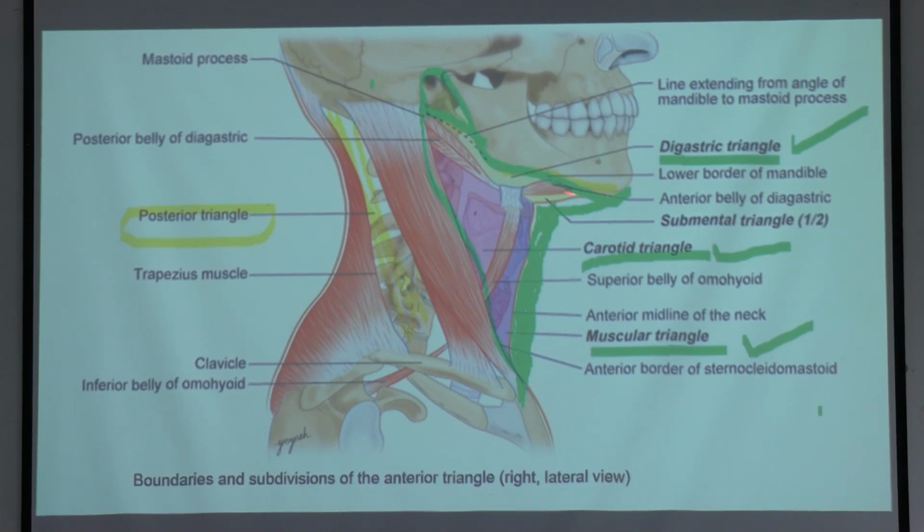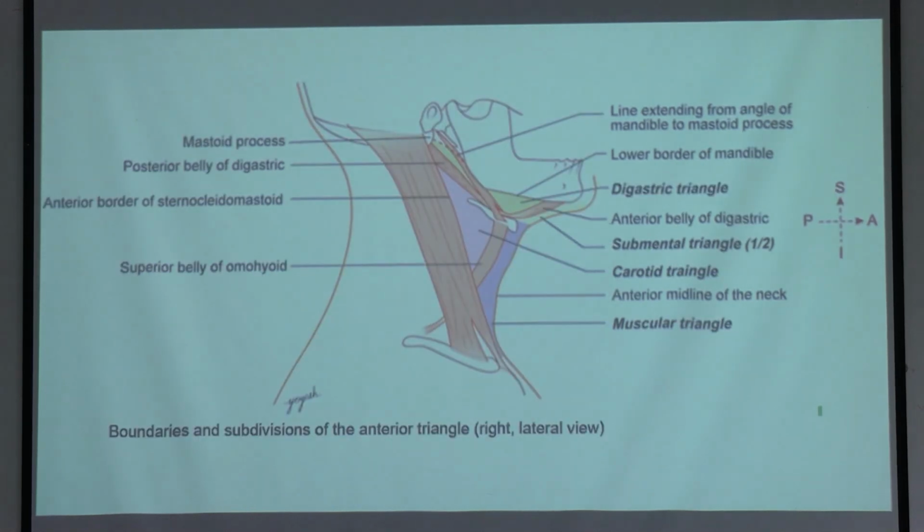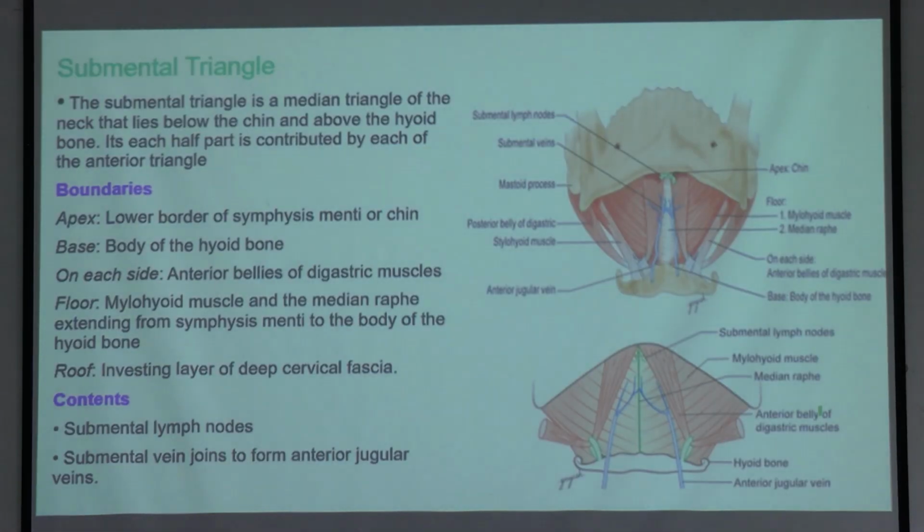Another triangle we can get on either side. We can see it in this figure. This is the midline of the neck. This is the mandible. This is the hyoid bone. And on either side, we are getting the anterior belly of the digastric muscle, and below we are getting the hyoid bone.